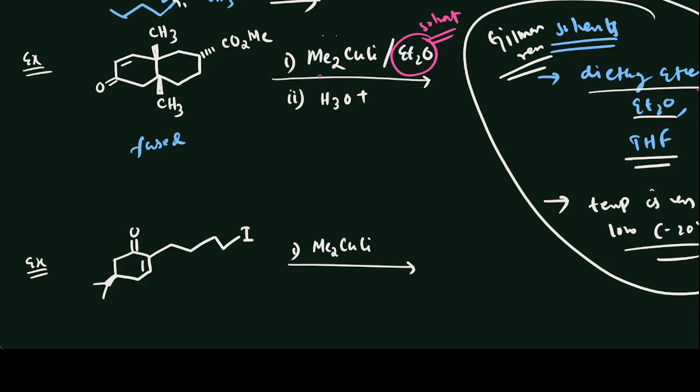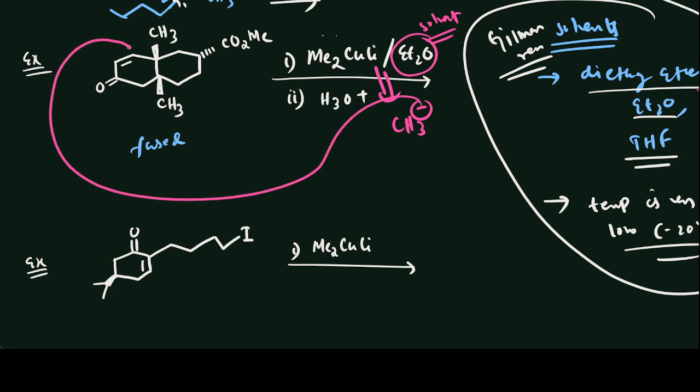Okay, now if you do that, from here what you get is CH3 minus. And this CH3 minus will do 1,4 conjugate addition, so it will attack here, and it goes like this. In the fused system, the incoming group will be the same as what I have seen in the previous class.